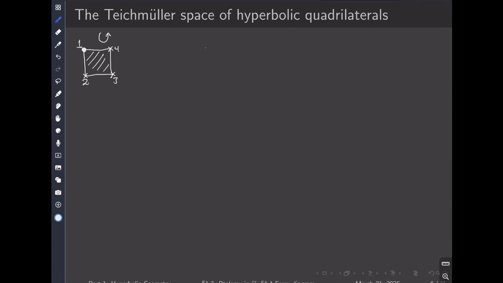Okay, and now, as we said yesterday, the question, super informally or roughly put, is in how many ways can we put a hyperbolic metric on this quadrilateral in such a way that these four points, the four corners, become points at infinity, and also that the sides become geodesics joining them.